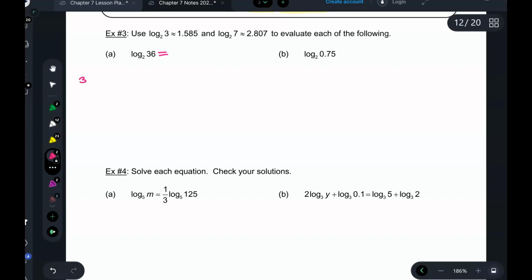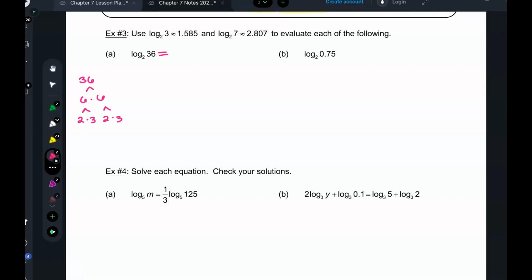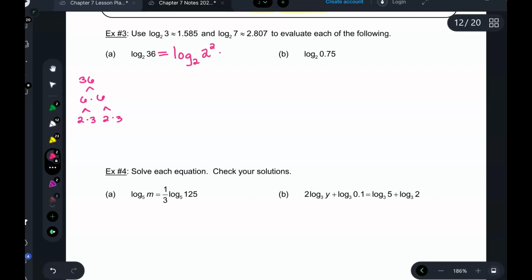So I can rewrite 36 as 2 to the 2nd power times 3 to the 2nd power. Right? 4 times 9. There's a reason. You'll see why.